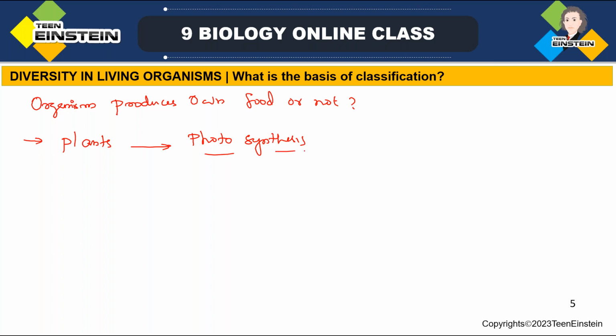So there one classification comes. If an organism is producing its own food, this belongs to one group, the first group, and the second group collects food from others.